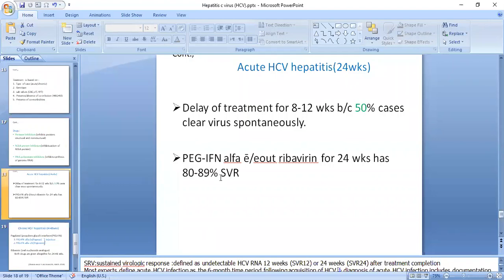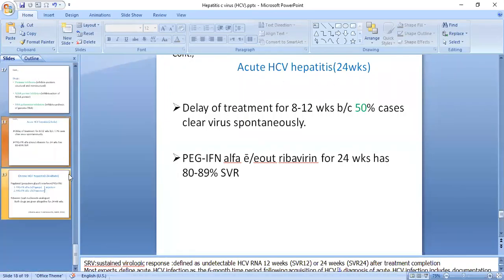So the treatment is pegylated interferon alpha with or without ribavirin for 24 weeks. This is in case of acute hepatitis C virus, acute HCV hepatitis.